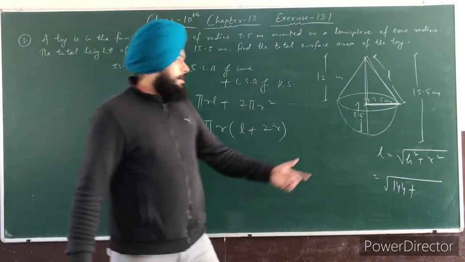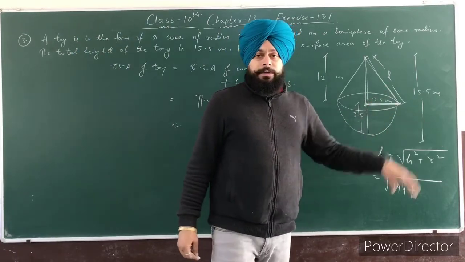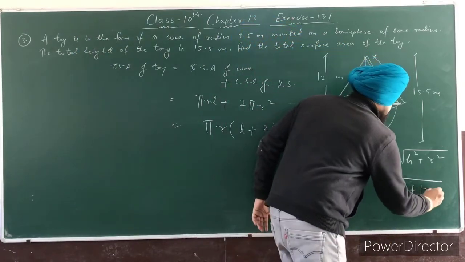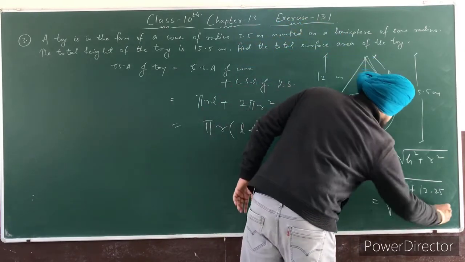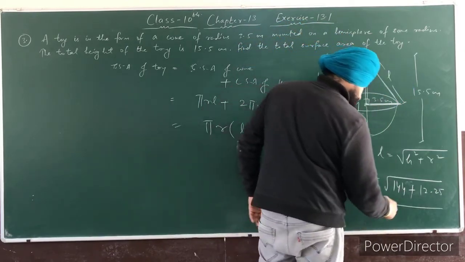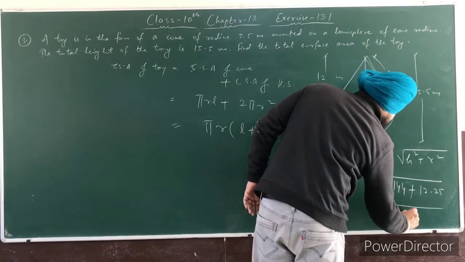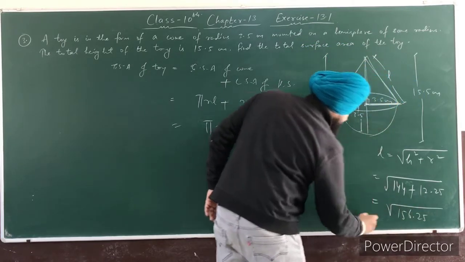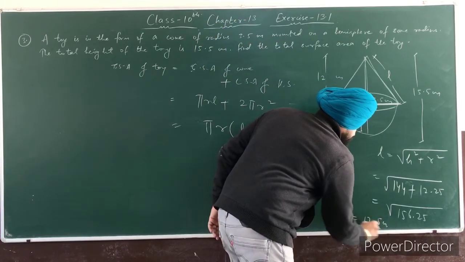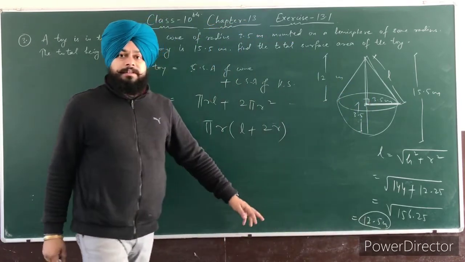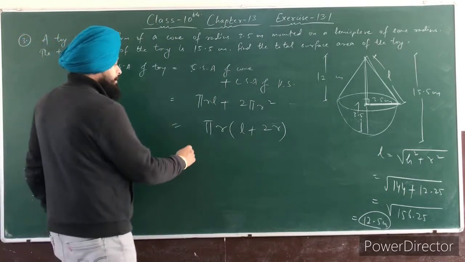And the radius of this conical part is 3.5, and 3.5 square is 12.25. When you add this, we get 156.25 and its square root is 12.5. So 12.5 is the slant height of this conical part.